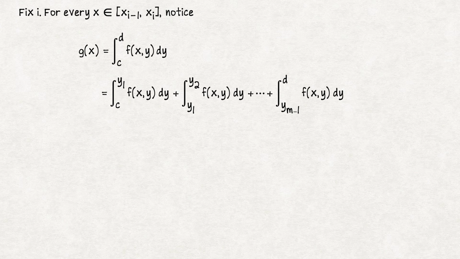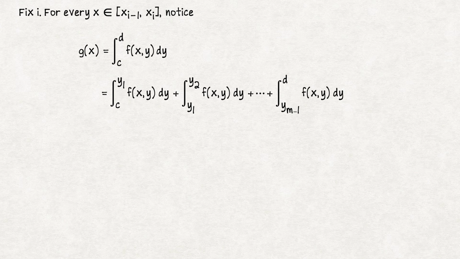If you look at that first integral from c to y sub 1, here i is fixed, but j equals 1 for that particular expression. If you look at the second integral I wrote down, again, i is fixed, but now j is 2. In the final integral expression, i is still fixed, but j is m.